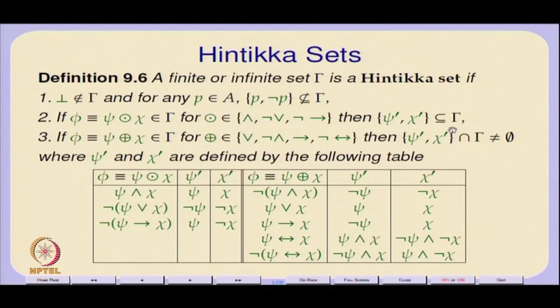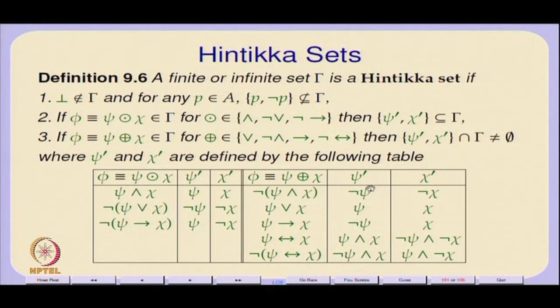If it is a multiplicative operator, of the form psi o chi, then psi prime and chi prime both belong to gamma. If it is an additive operator, where the additive operators are these, then one of psi prime or chi prime should be in gamma. What we are saying is that it cannot be the case that neither psi prime nor chi prime is in gamma.